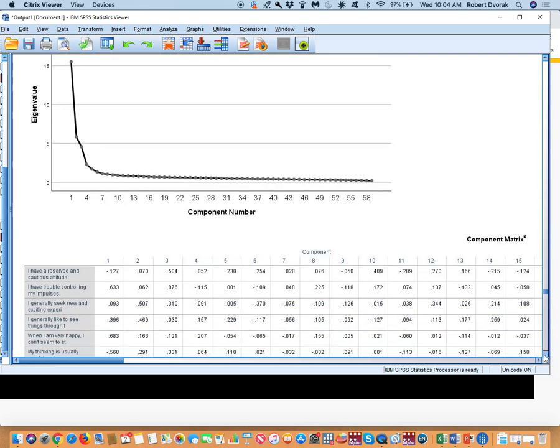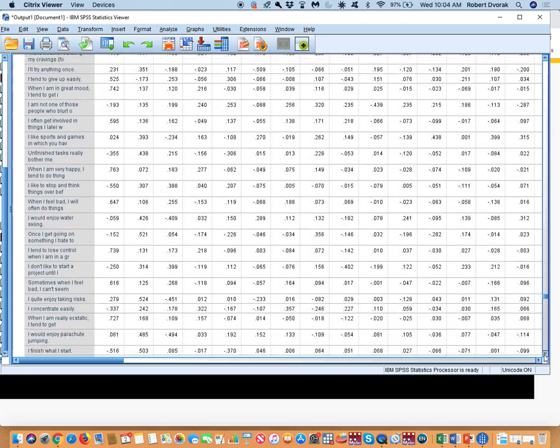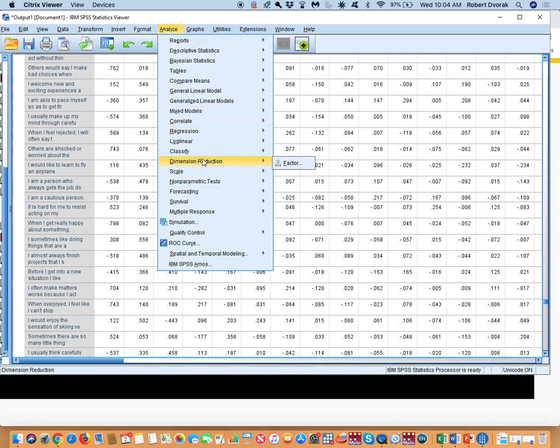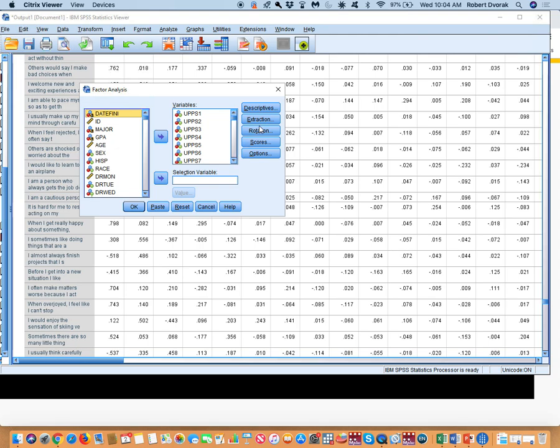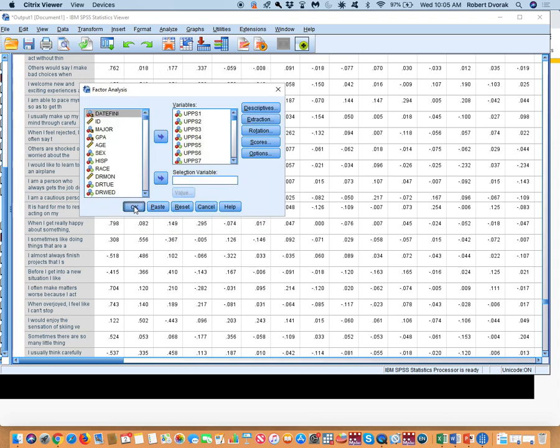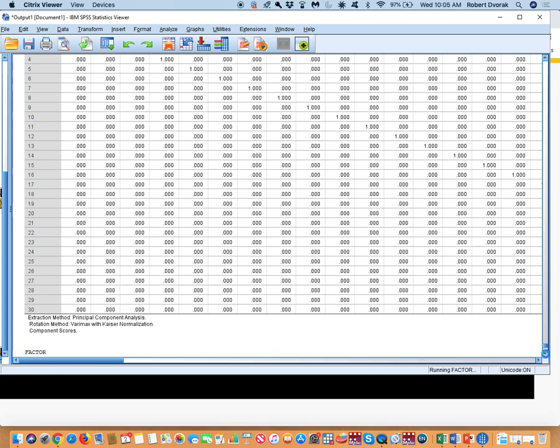And the rest of these are, well, unfortunately, I selected that eigenvalue of 0.5. Let's go back and change that, because it gives us way too many factor scores. Change that back to 1.